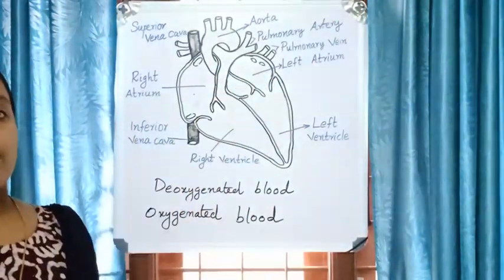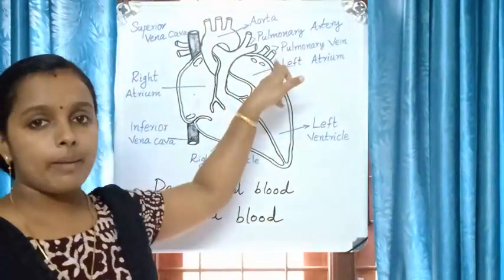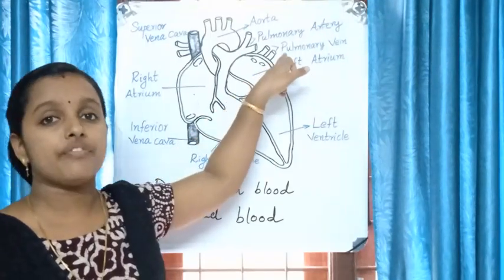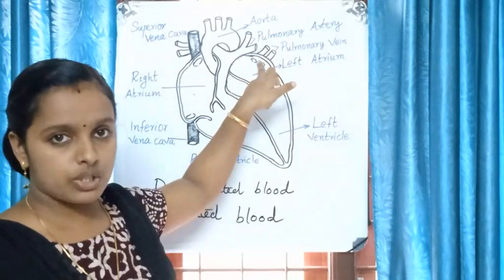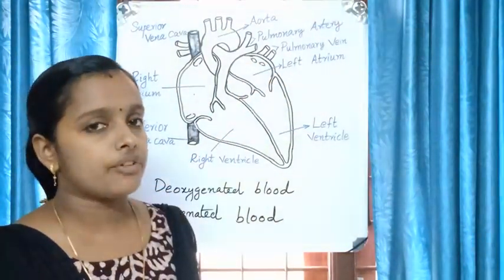So through the pulmonary vein, the oxygenated blood comes from the lungs. From the lungs, they will supply the oxygen containing blood into the left atrium.